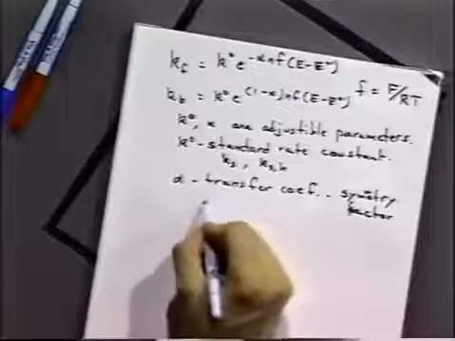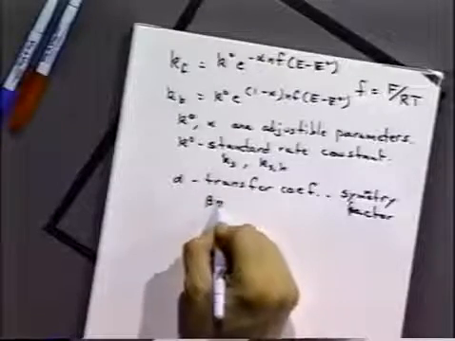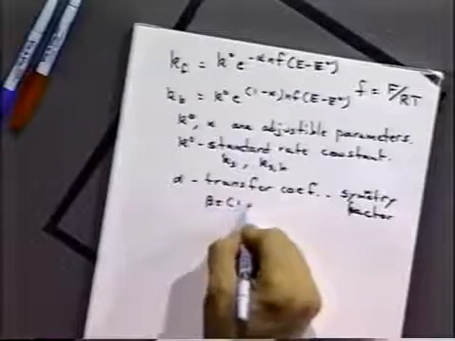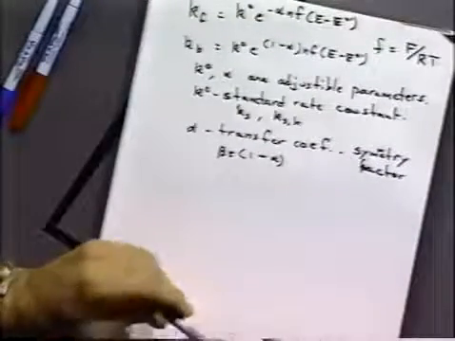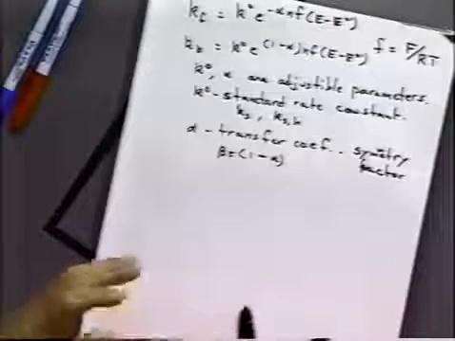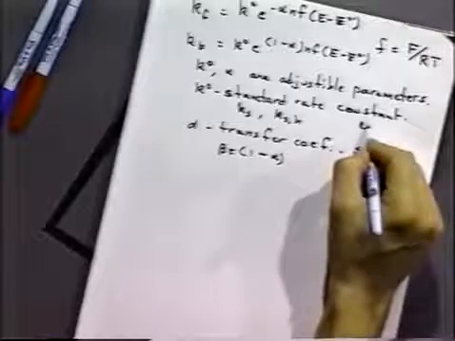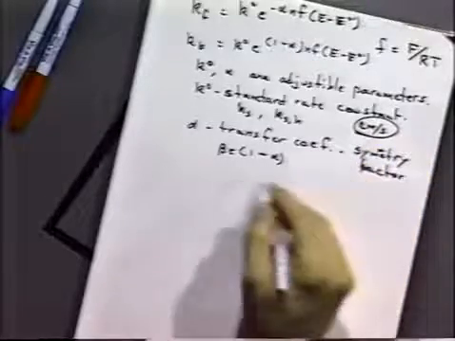Sometimes you'll see alpha written in a complementary form as beta, particularly for European electrochemists. I don't know why exactly they chose beta instead of alpha, but sometimes you'll see that as well. Okay. The standard rate constant again has units of centimeters per second. The alpha transfer coefficient is dimensionless, has no units.